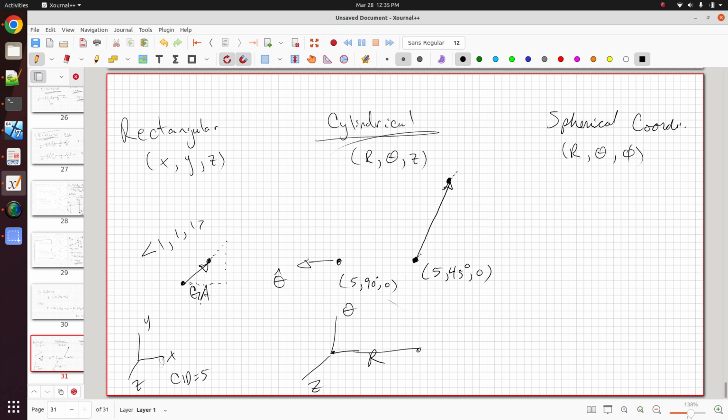And then r hat is going to be from that point to the origin of the cylindrical coordinate system. And so this is going to be our x, this is going to be our y. So what does that vector look like? So we walk along the x by 1, we walk along the y by 1, and then we walk out of plane by 1, so the vector will look something like this.